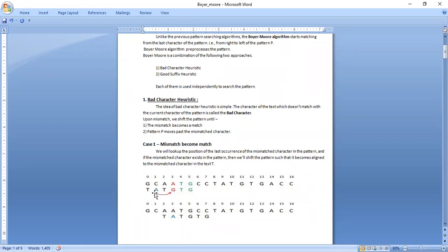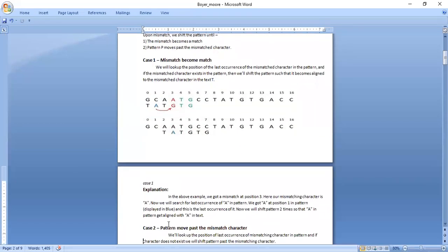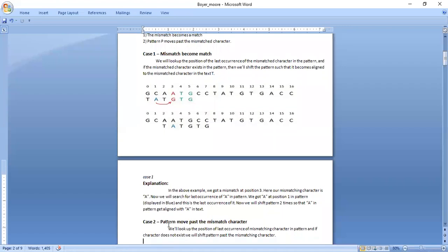If we find it, we shift to make that mismatch a match. If the bad character doesn't exist in my pattern, we shift the pattern totally past the mismatched character.